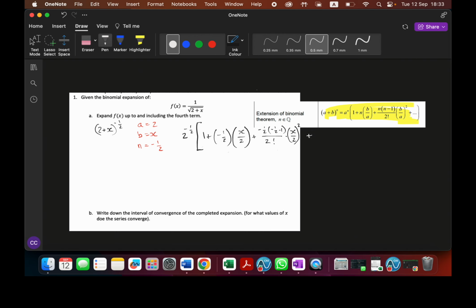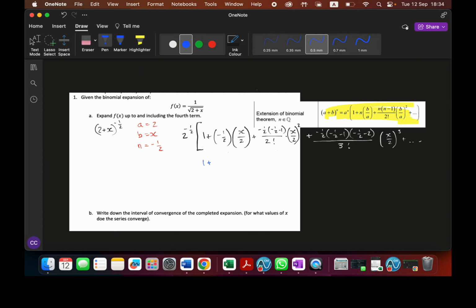So plus negative 1/2 times negative 1/2 minus 1 times negative 1/2 minus 2 all over 3 factorial times x over 2 cubed, and that would continue on forever. So that's our basic expansion.